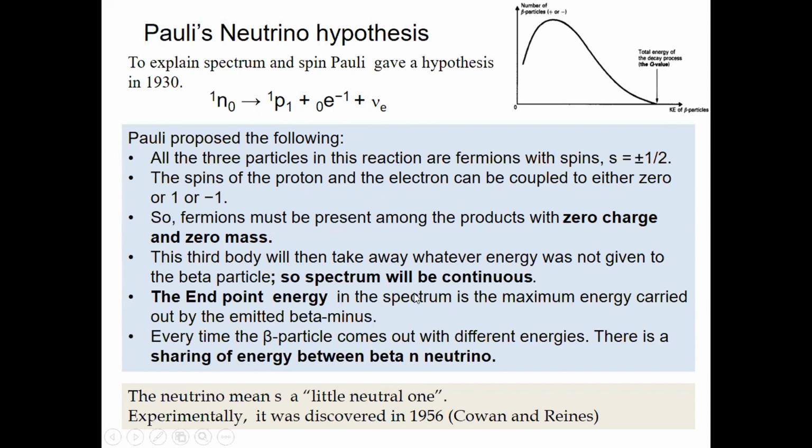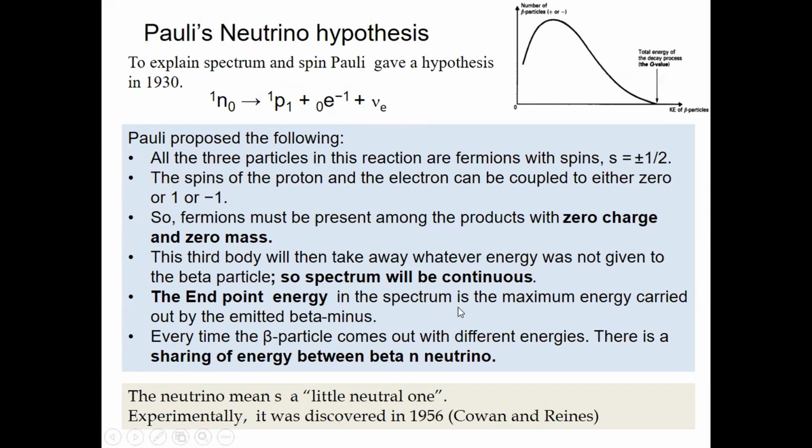This third body will take away whatever the energy is not given to the beta particle. So the total energy of the beta particle and the neutrino is constant. However, the share of the neutrino changes as the share of the beta particle changes. So the beta particle gets a continuous spectrum due to this particle.